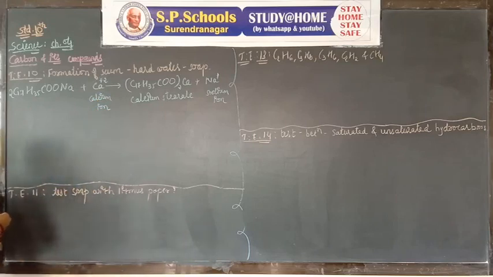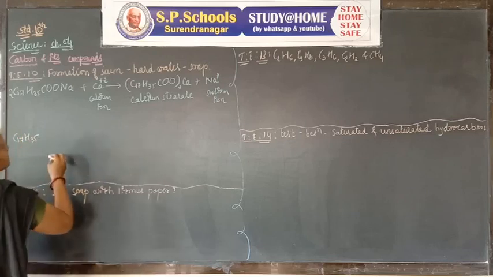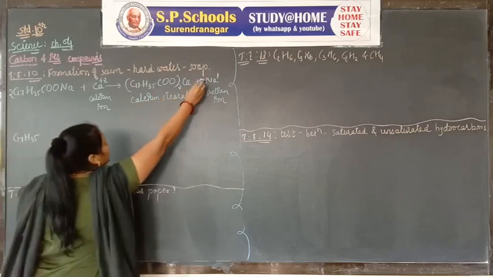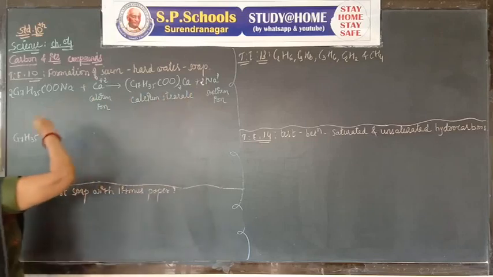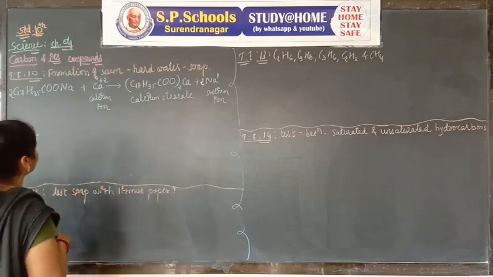When the soap stearate combines with magnesium ion, the same kind of formation occurs. For balancing the equation, we put 2 before Na plus.